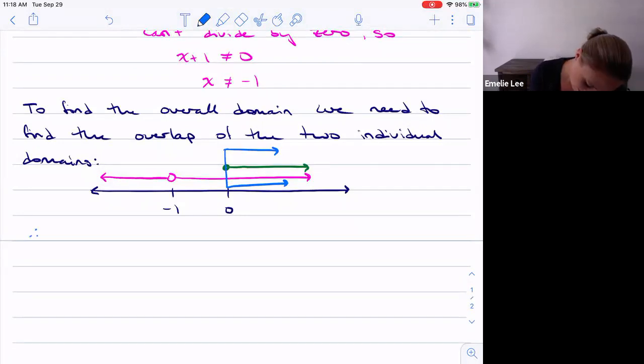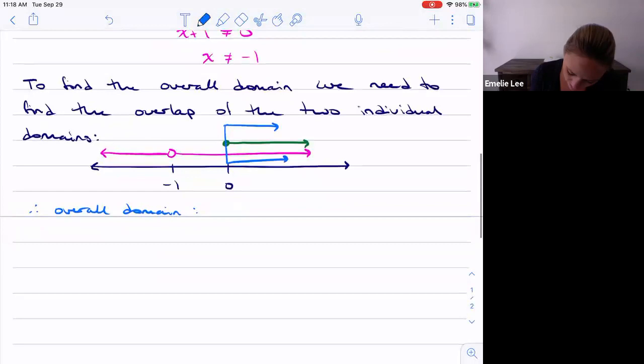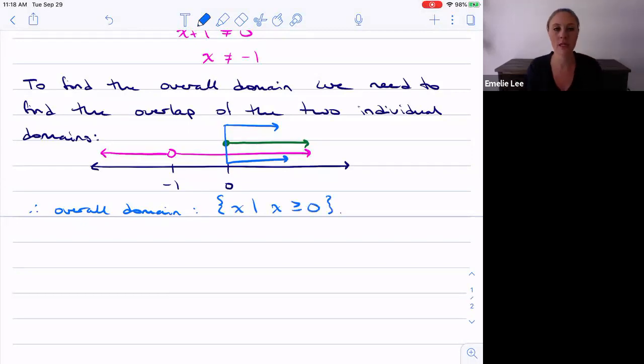Therefore, the overall domain is, and remember set builder notation, the set of x's such that x is greater than or equal to 0. Nice. That's great. Okay. So that was a little bit tricky, and we will deal with more domains later on.